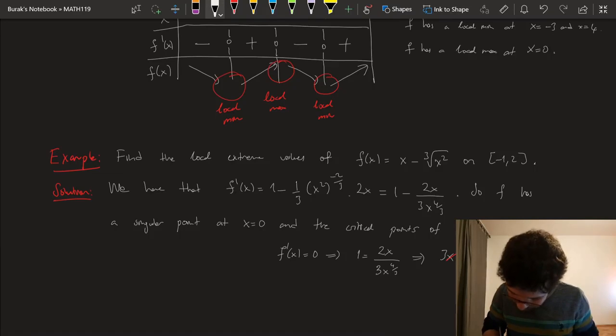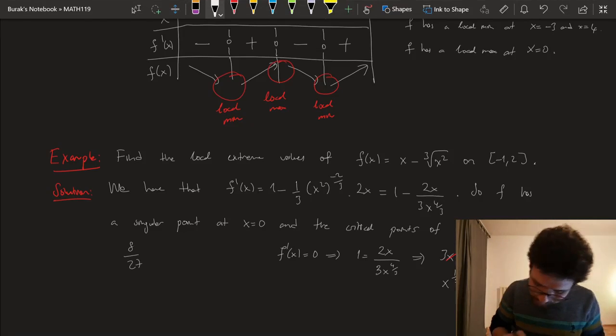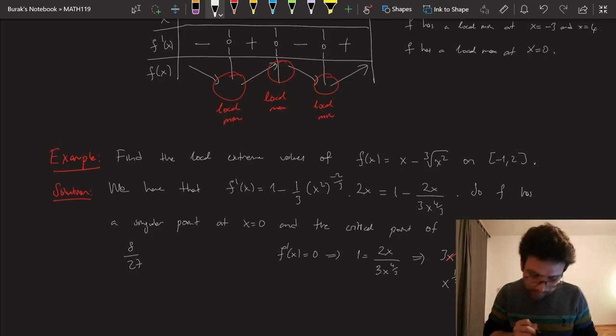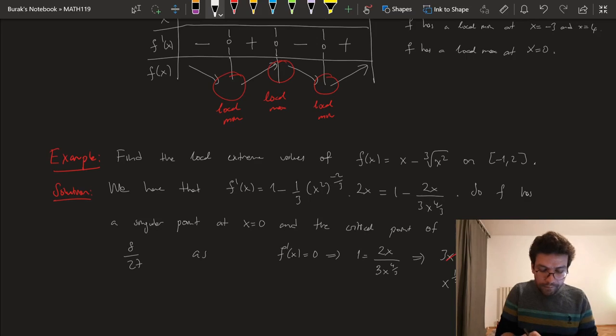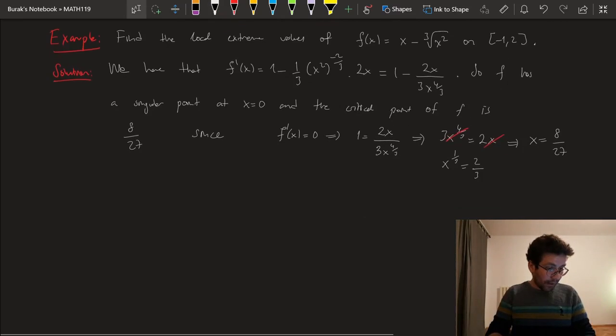Then this gives you x to the power 1/3 is 2/3, so you get that x is 8/27. So the critical point of f, there's only one, is 8/27. Okay.